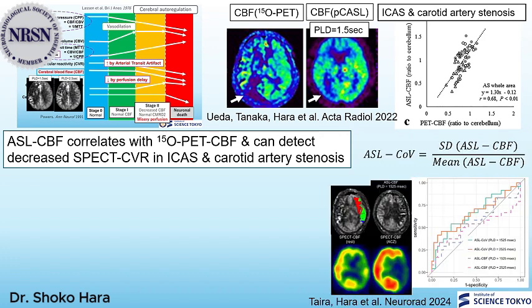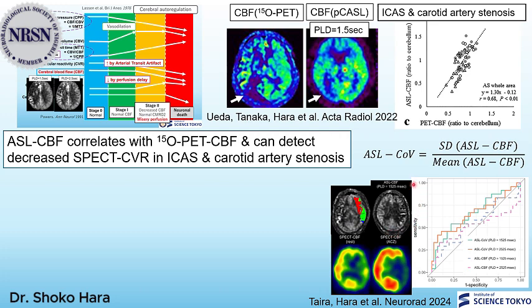We also found that the coefficient of variation, ASL-CoV, is useful for detecting hemodynamic impairment. In case of arterial stenosis, the mean value decreases by perfusion delay, and heterogeneity of ASL signals, or standard deviation, within the region of interest increases as a mixture of bright voxels and dark voxels.